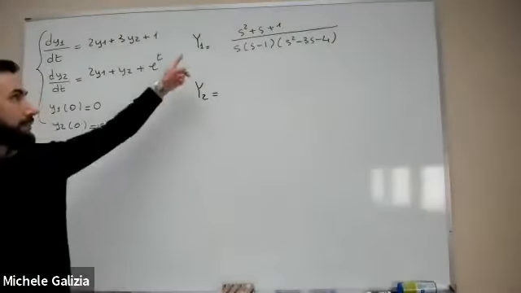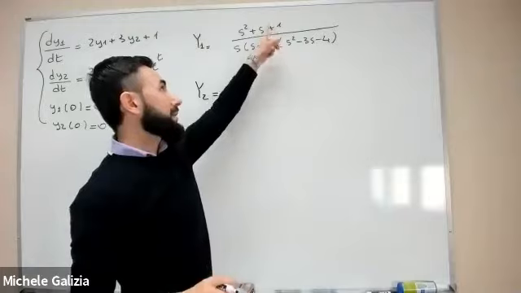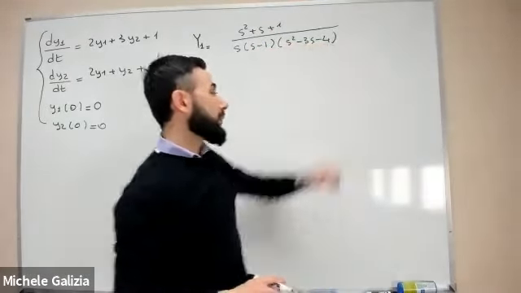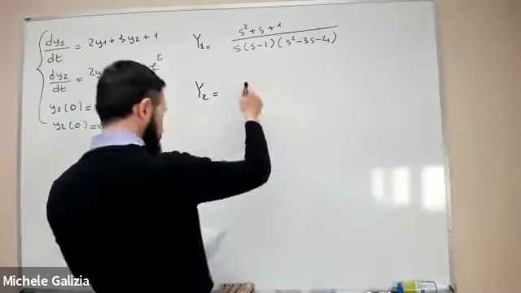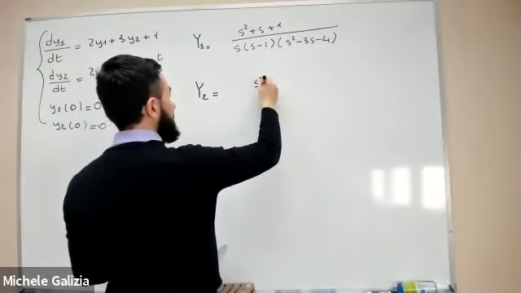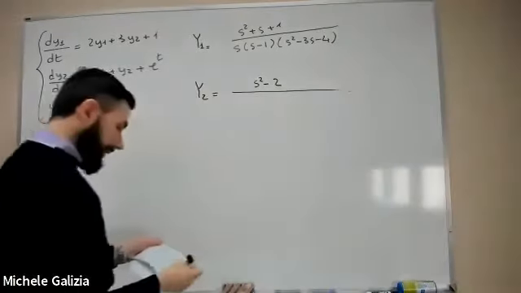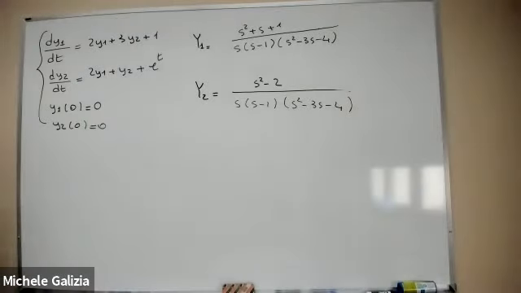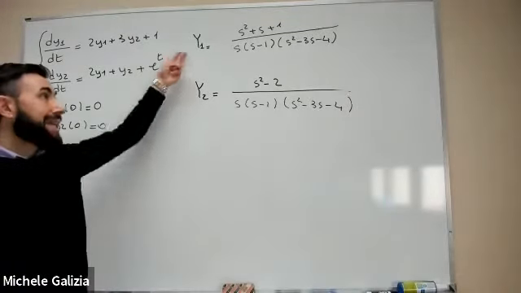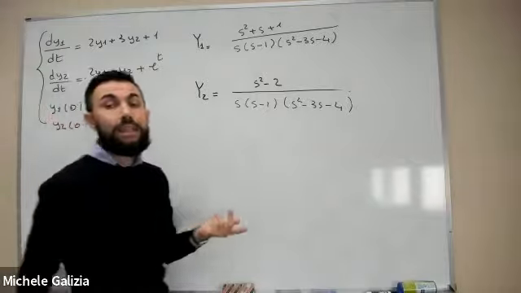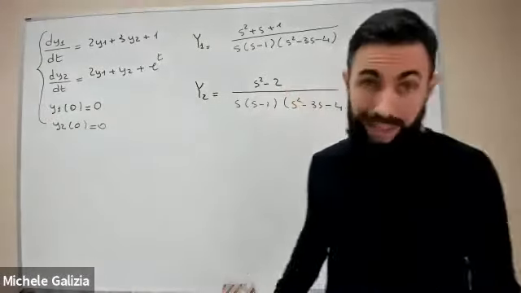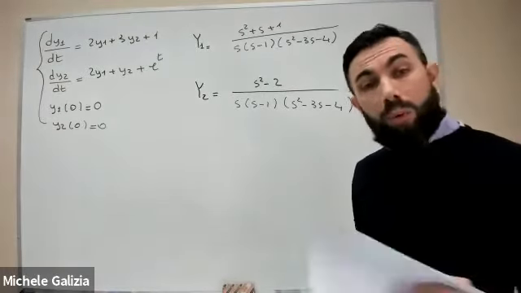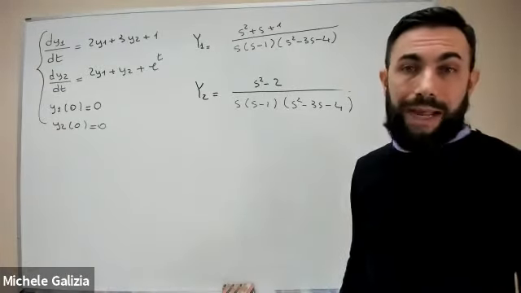So y1 is s squared plus s plus 1 divided by s minus 1, s squared minus 3s minus 4. y2 will be equal to s squared minus 2, and the denominator is the same. So now we got basically an answer to our problem, but this is not a real answer, because yes, we got y1 and y2, but they are in the Laplace domain. We want them in the time domain. So what should I do now?